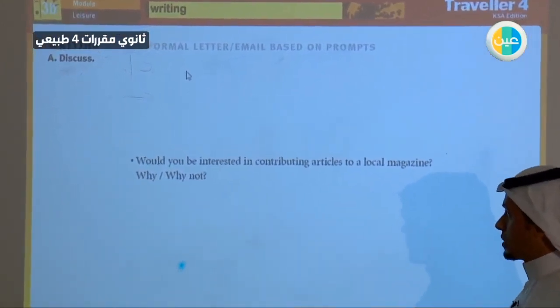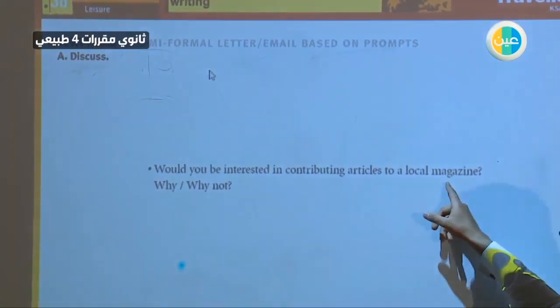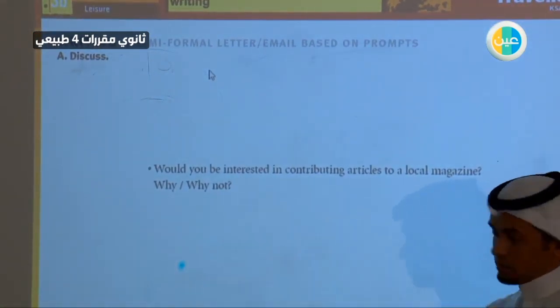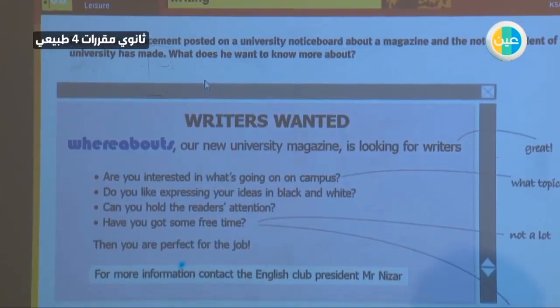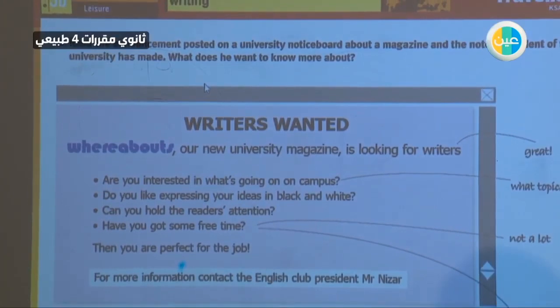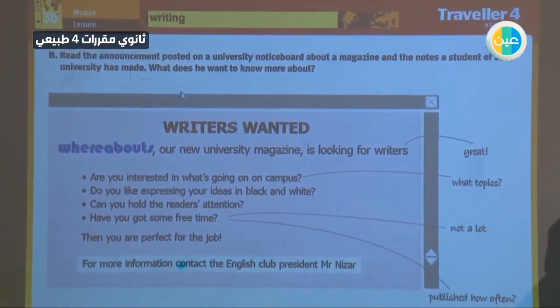Would you be interested in contributing articles to a local magazine? Why or why not? This is the note that is given. This is a note given on the notice board.